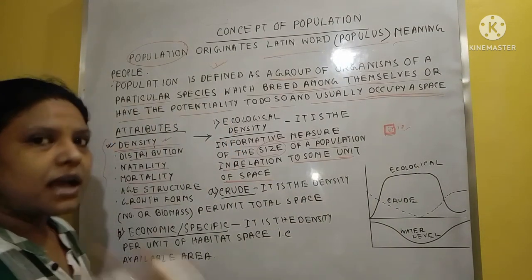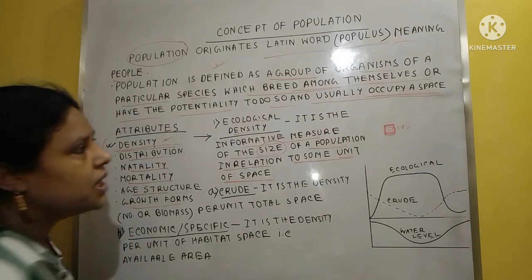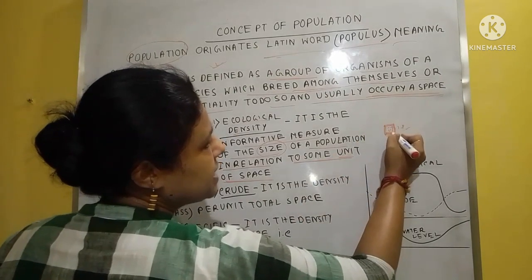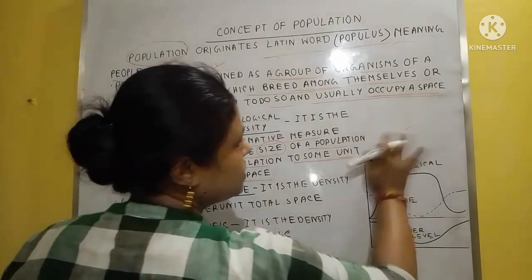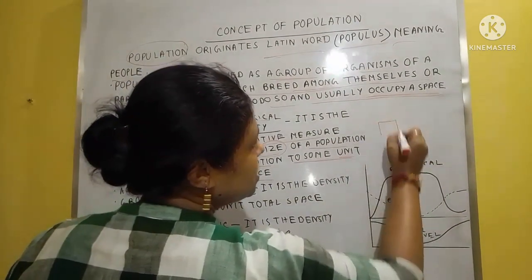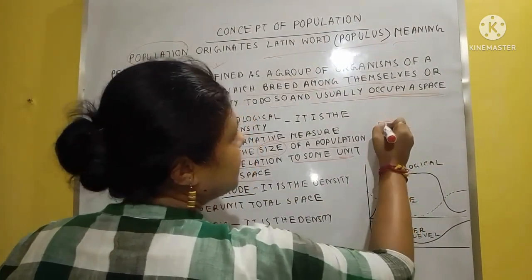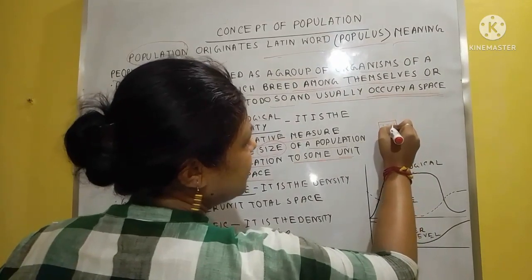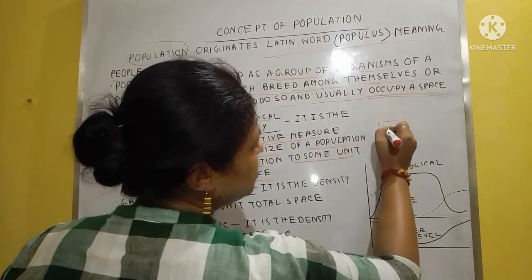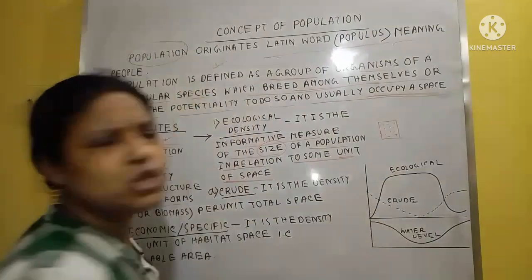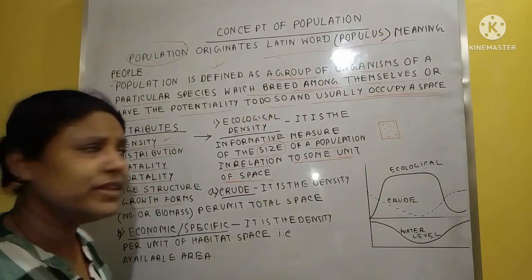Again, I tell you. Suppose this is a unit of space, and there are many individuals, but these individuals are obviously interrelated with each other.